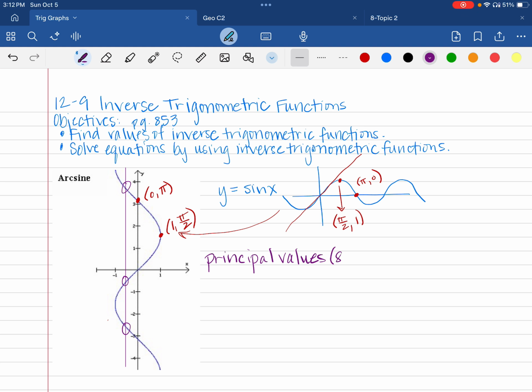Each different trigonometric function has its own range, or domain, I guess, of values that are going to make this a function and not a monstrosity like this arcsine graph.